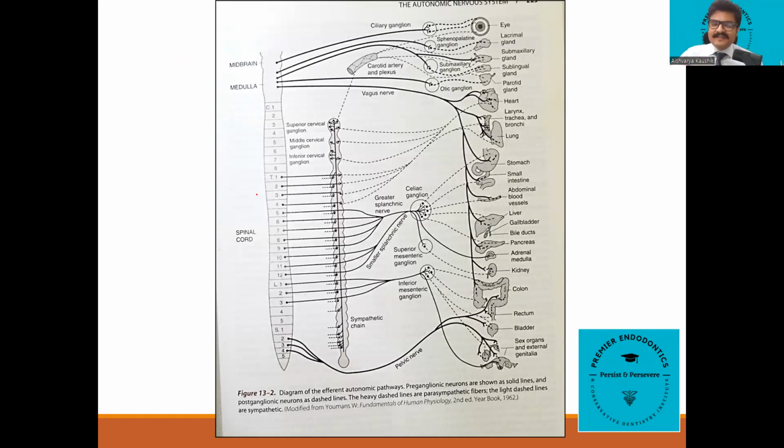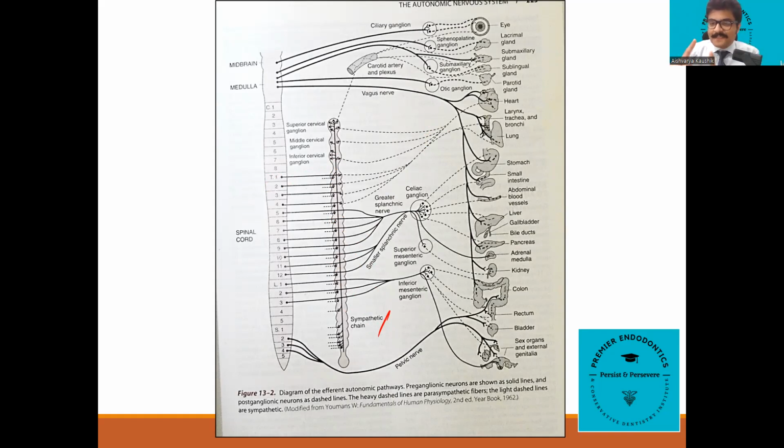See here, very interesting. As I said, right adjacent to the vertebral column, what do you have? The sympathetic chain, or the sympathetic collection of nerve cell bodies, the sympathetic ganglion or the sympathetic chain. The second important point is all the parasympathetic ganglia are located closer to their end organs.